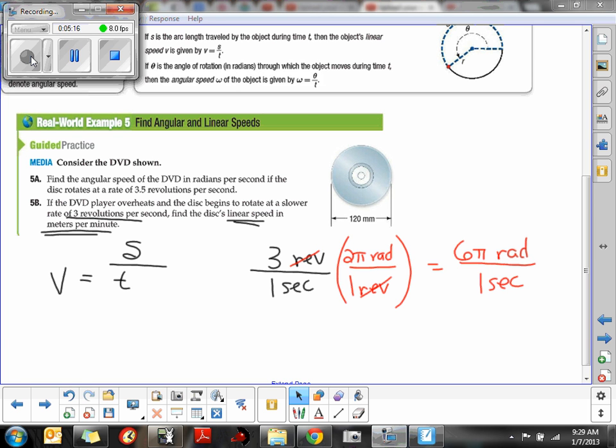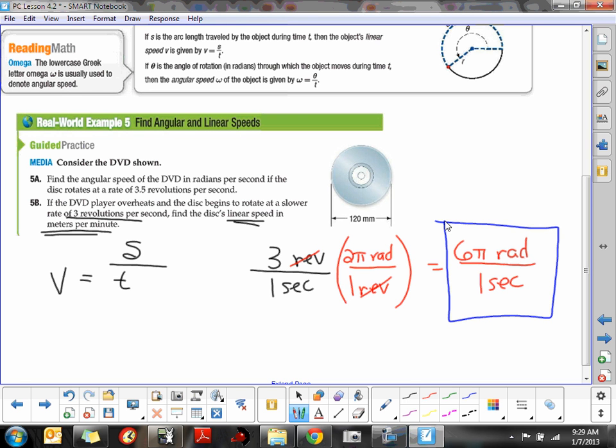Okay, got that handled. Coming back to this, what we have in this statement right here, it says we will have traveled 6 pi radians in 1 second. And a radian is the same thing as telling you you're going to travel 6 pi radii in 1 second. So if we got 120 millimeters, and that's the diameter, that means we've got 60 millimeters in 1 radius.